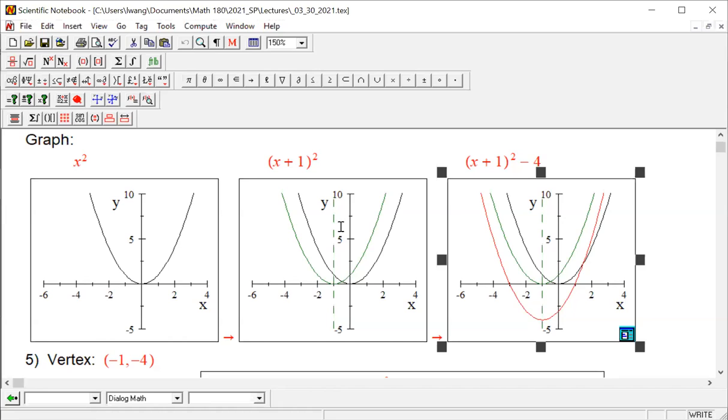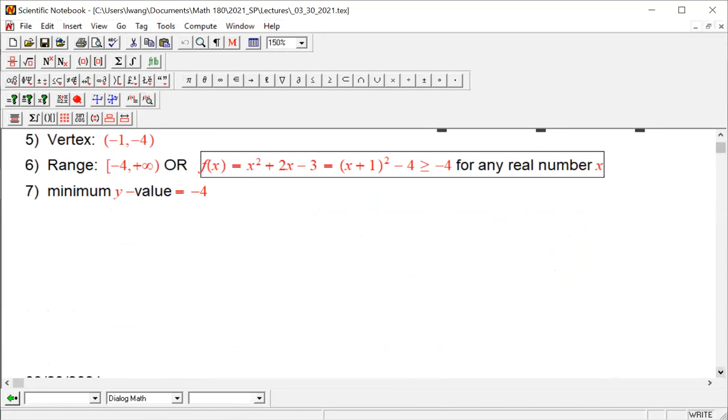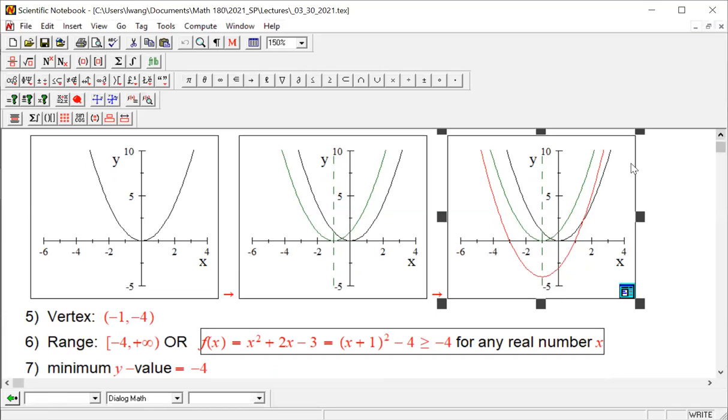Therefore, what is the line of symmetry? Could someone tell me what is the line of symmetry? What is the equation? Number 8 and number 9: we ask you to draw the line of symmetry, and then to identify the equation of the line of symmetry. These two questions, we just want to see if you understand.